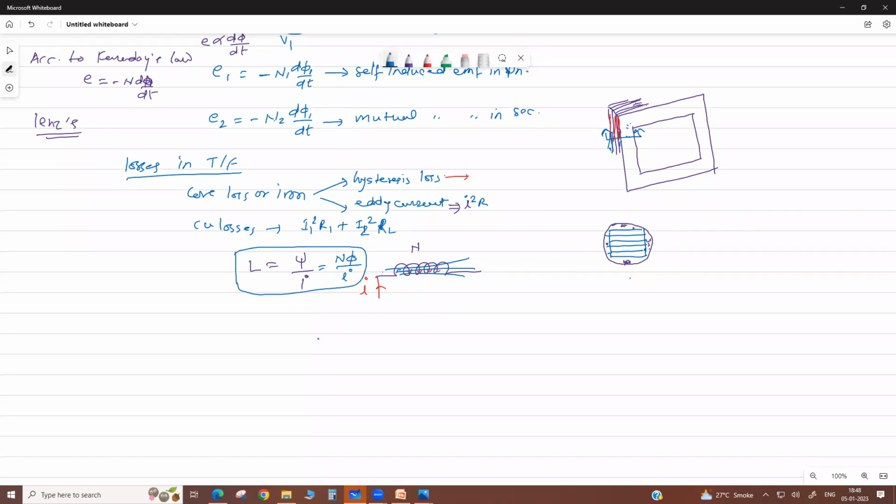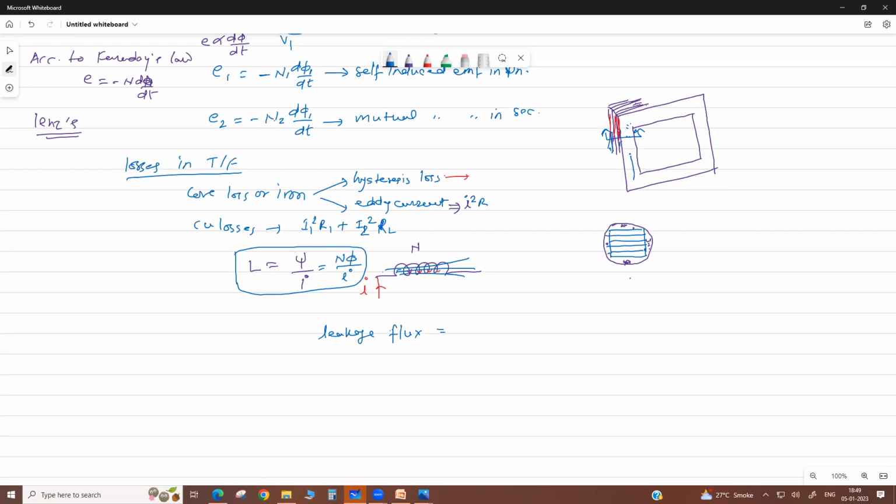But when we calculate a leakage reactance, first we calculate leakage flux. Inductance means magnetic flux. Magnetic leakage means leakage flux, which is the flux apart from this core.